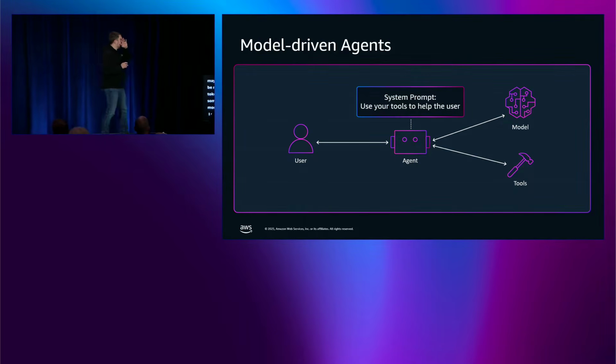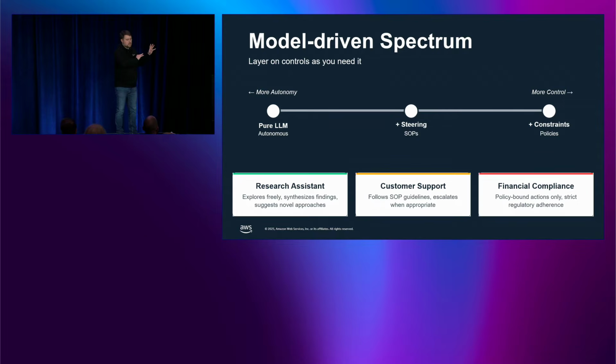So my story here, think about this as a spectrum. And think about where you're shifting your work and how big are those chunks of work. If you're thinking in a workflow-driven agent, you're doing a lot of work up front to define the workflow, then you're iterating on that workflow, and your controls are intermingled with the workflow.